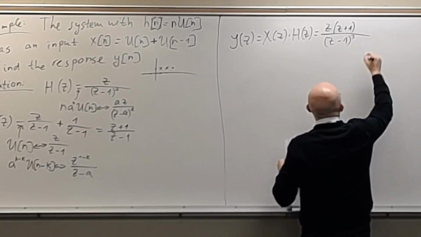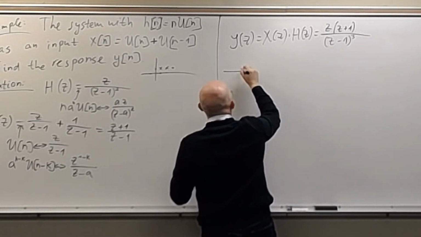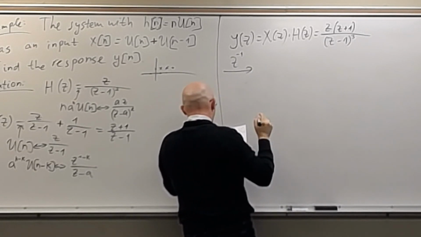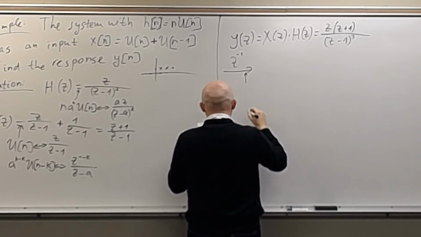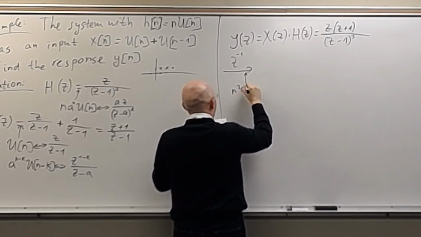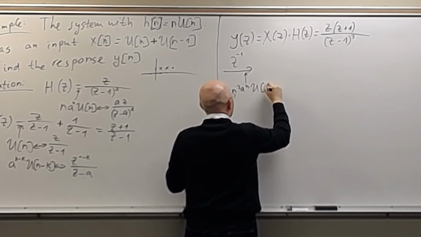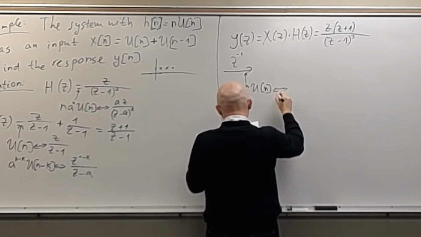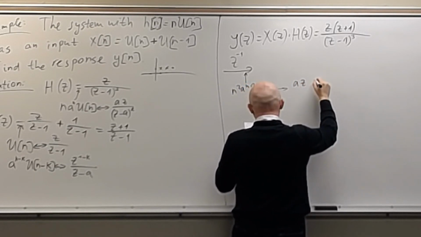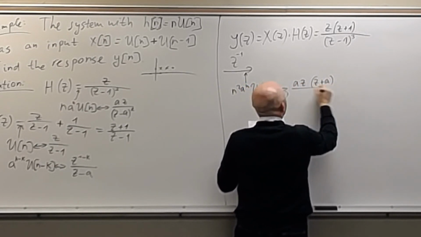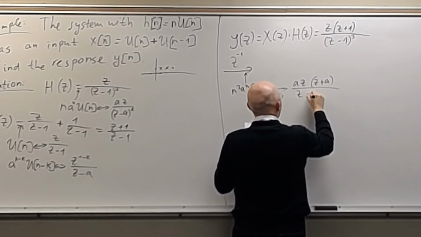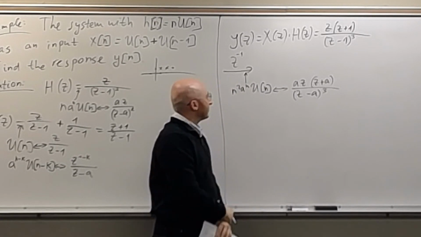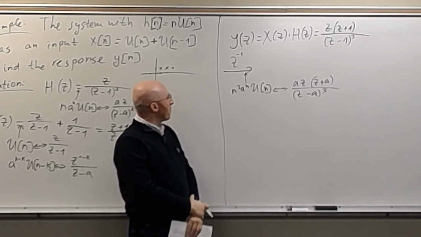Okay. From that one, we're doing inverse Z transform. And this will be the formula that we are using. n squared a^n u[n] is transformed to a z (z plus a) divided by (z minus a) cubed. This is what you have in the table.